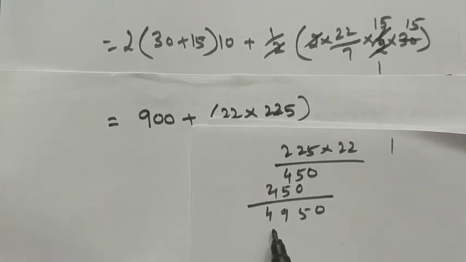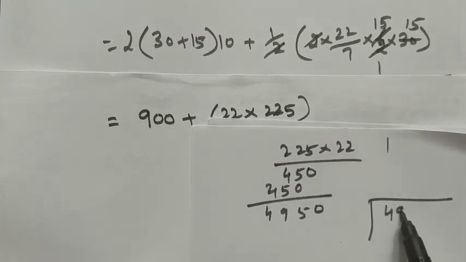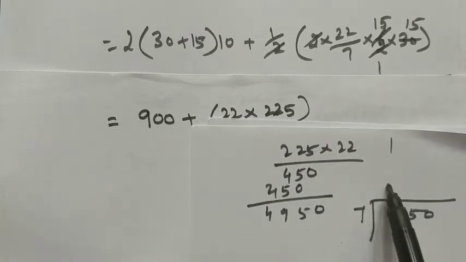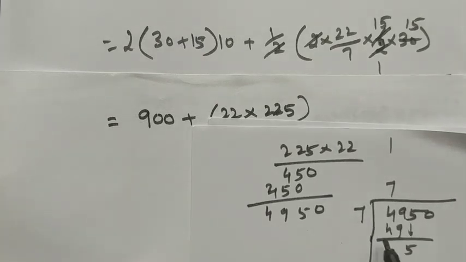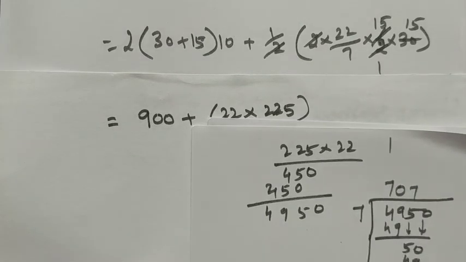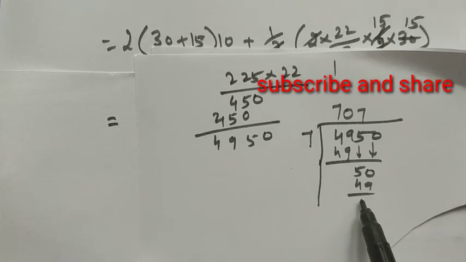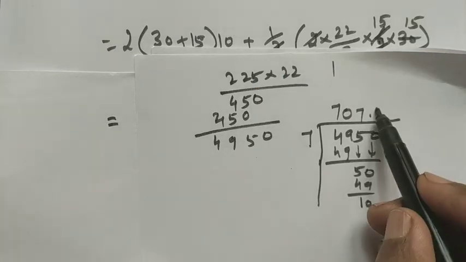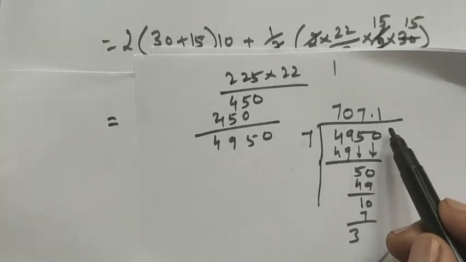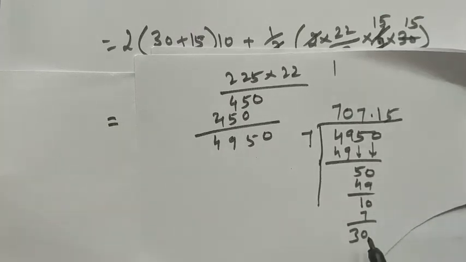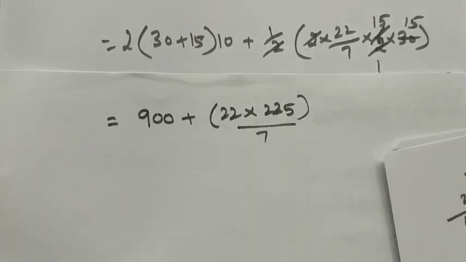So this term is divided by 7. 4950 divided by 7 gives 707.14.